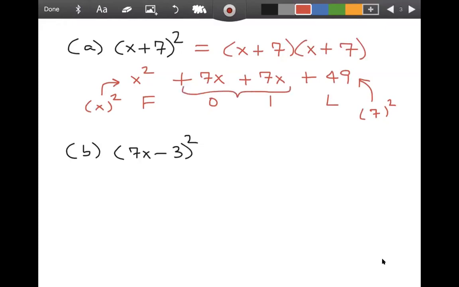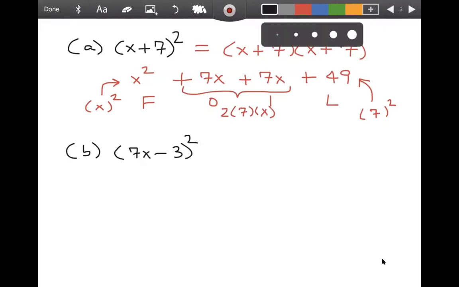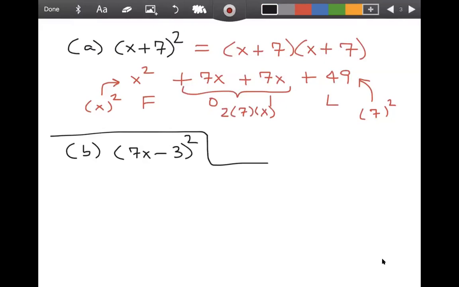And so we can think of that as 2 times 7 times x. But when we go to write the final answer, it's going to be x squared plus 14x plus 49, right?